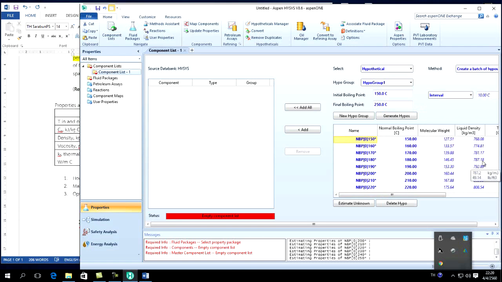So I will select the one that gives a density close to 770, which is at 150 and 160 here. So I add that as a component for the kerosene.